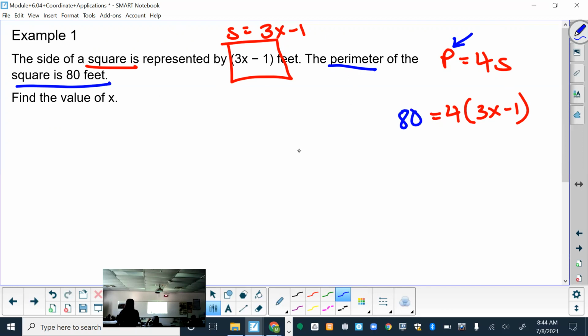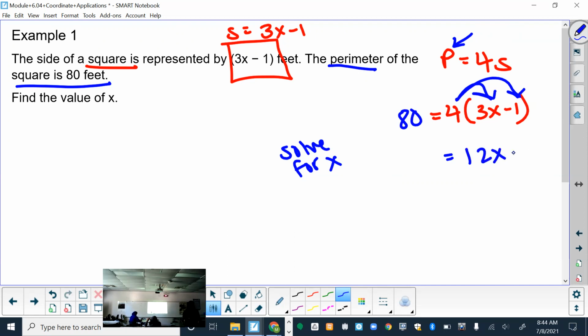All right, so think back to algebra. What would be the first step in solving for x? Good. Anytime you see a number outside parentheses like this, you'll want to distribute it first. So 4 times 3x is 12x. Good. And 4 times negative 1 is negative 4. Good.